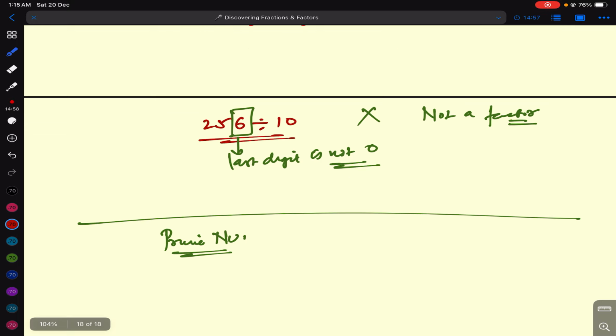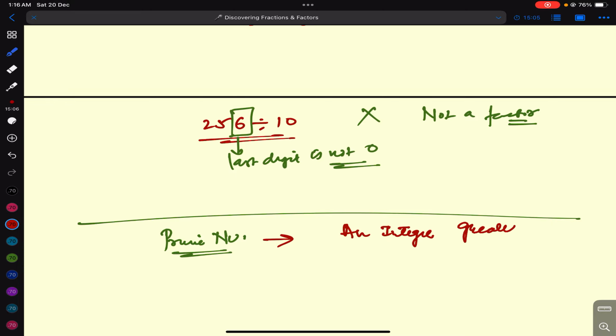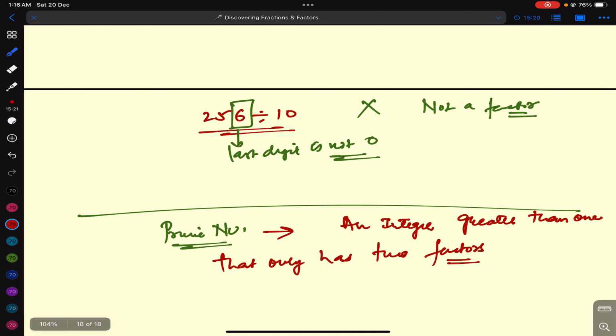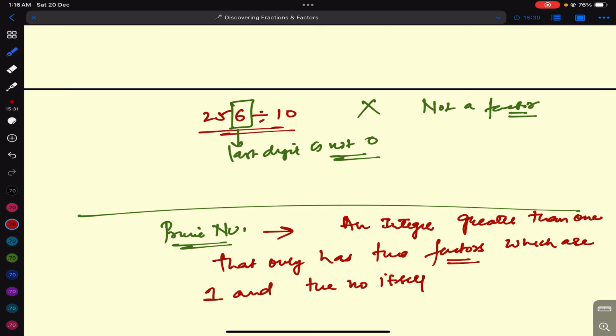A prime number is basically an integer greater than 1 that only has two factors, which are 1 and the number itself. Okay, so what are those factors? 1 and the number itself.